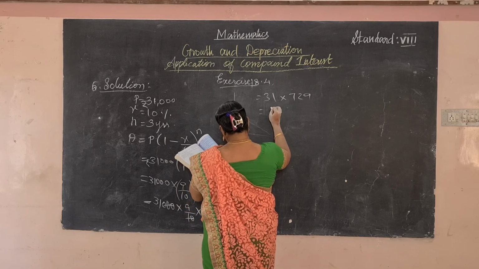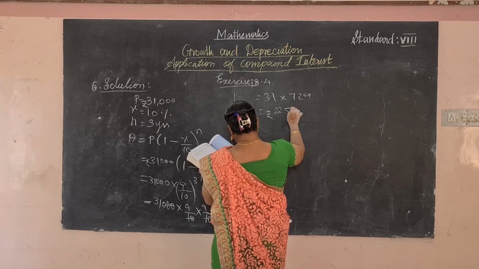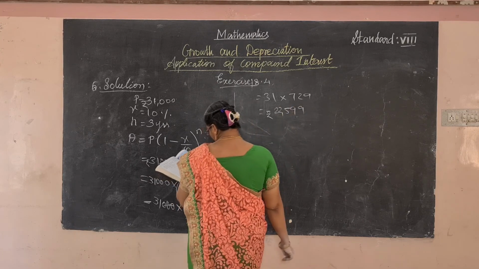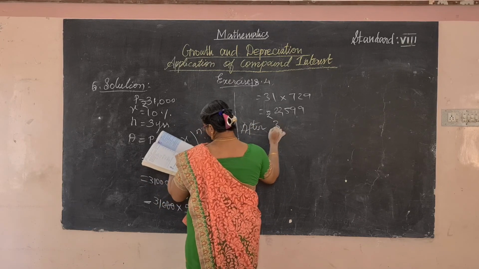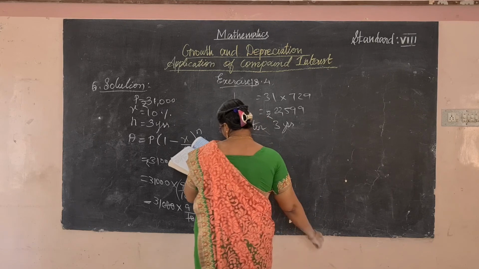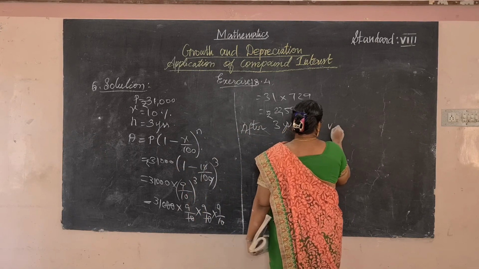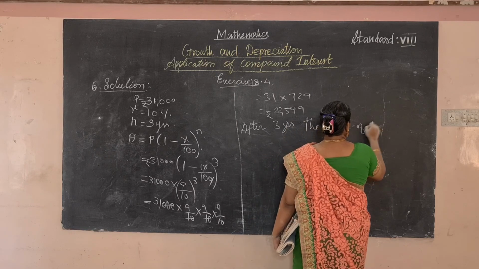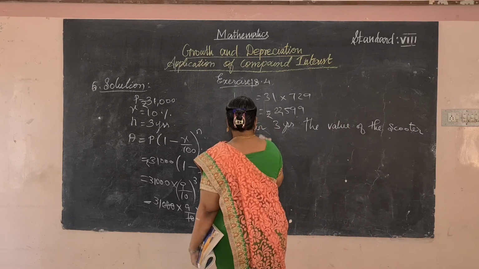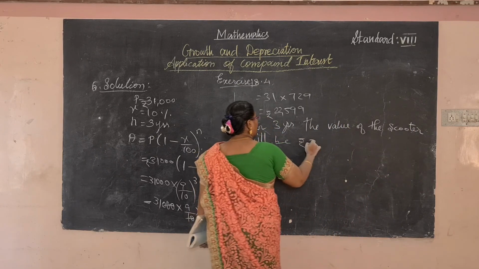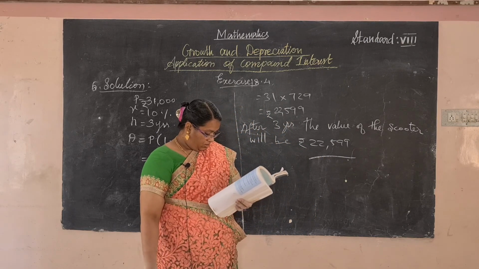Multiply this value, we get rupees 22,599. So after 3 years the value of the scooter will be rupees 22,599.